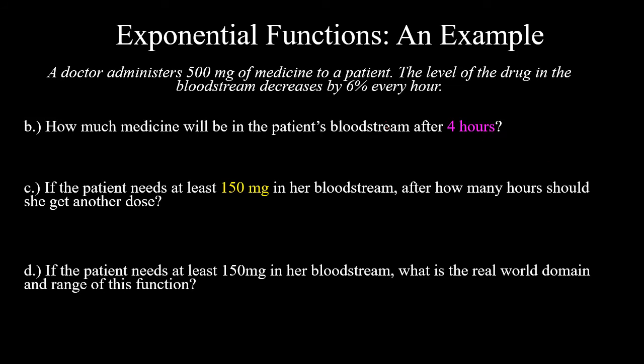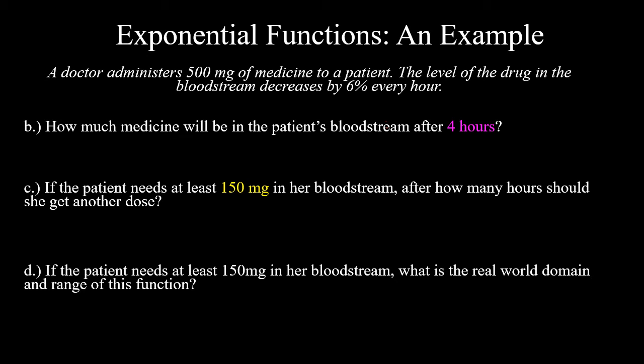So now let's look at a few other questions, okay? Letter B says, how much medicine will be in the patient's bloodstream after 4 hours? So just like when we were answering questions concerning our linear function in the first example, we are also going to have the same line of reasoning for this example. We're either going to be given the input and solving for the output, or given the output and solving for the input, okay?